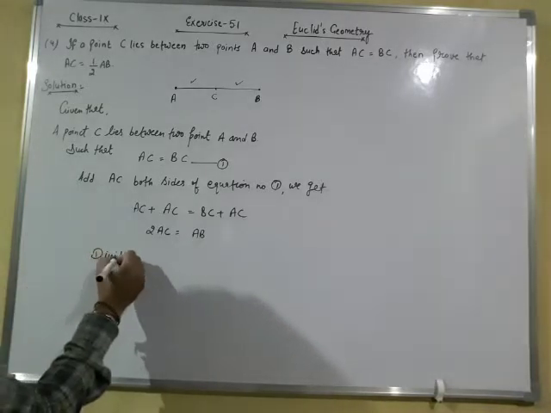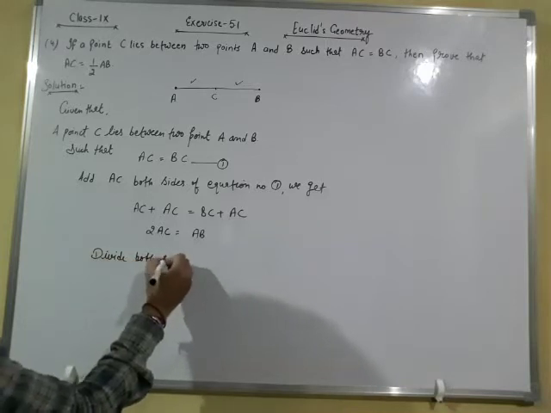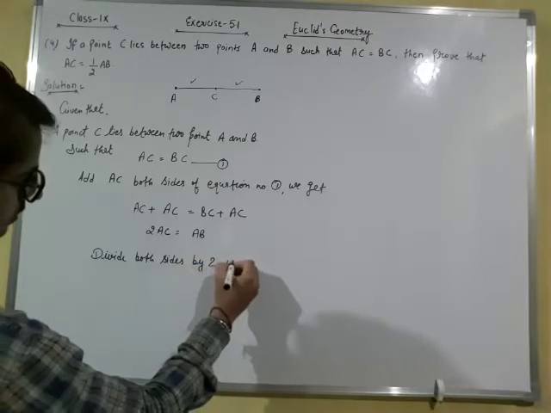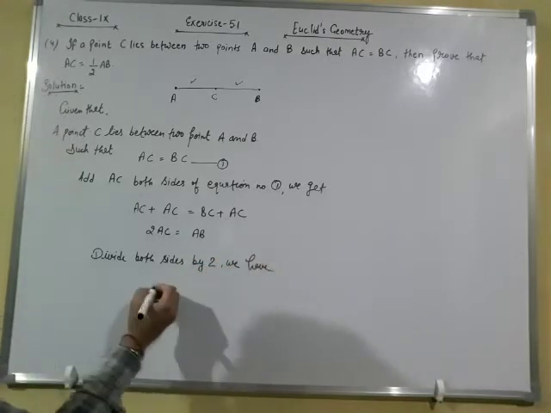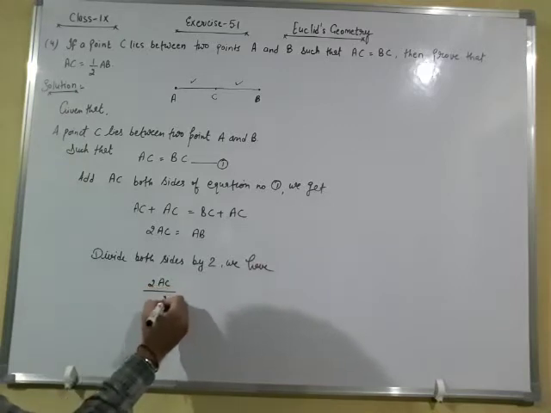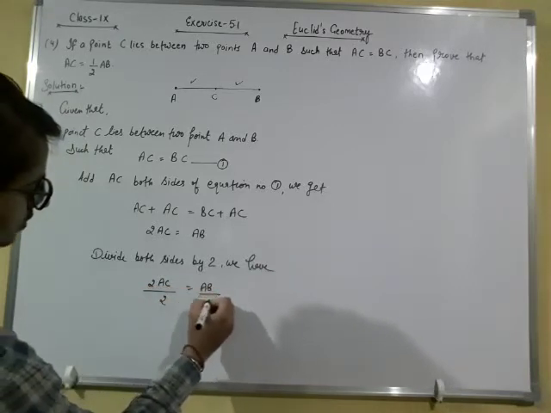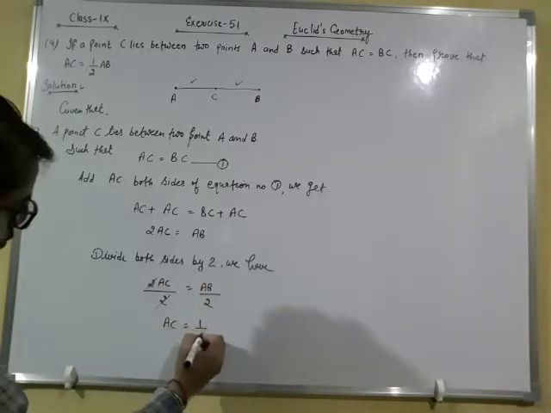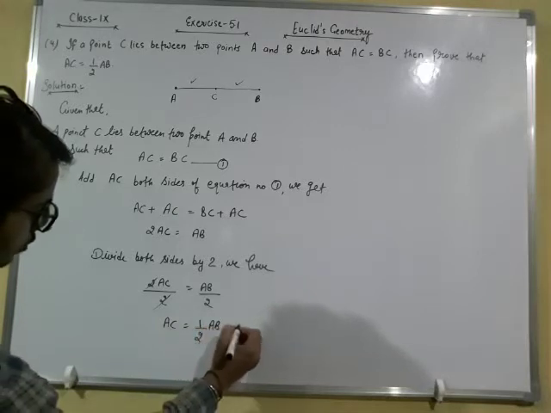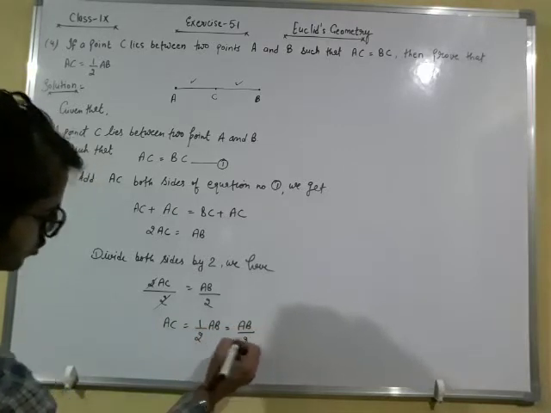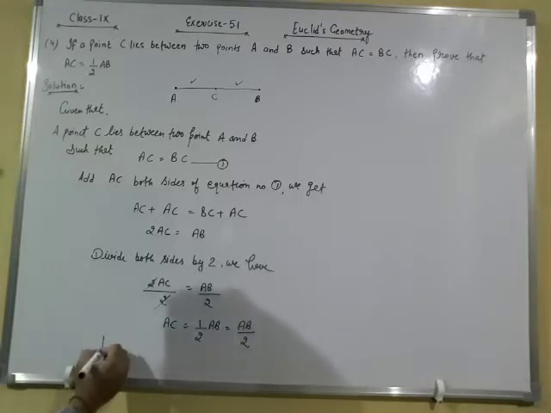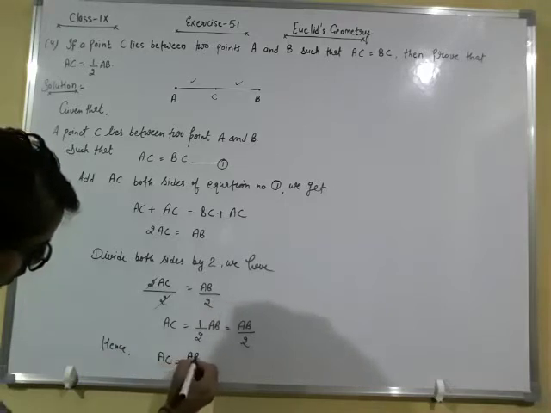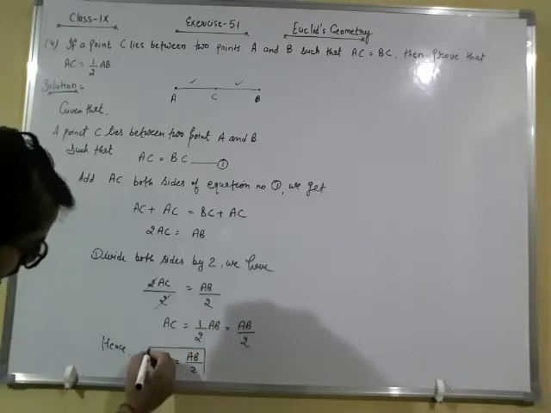We have 2AC upon 2 is equals to AB upon 2. Here 2 is cancelled by 2, therefore AC is equals to half of AB, or we can write AB upon 2. Hence AC is equals to AB upon 2, that we have to prove.